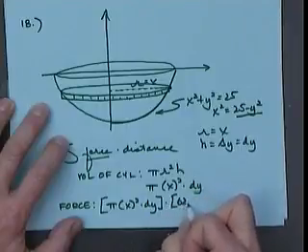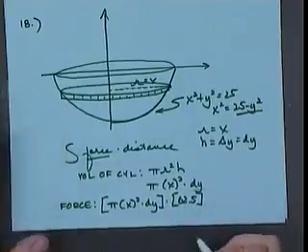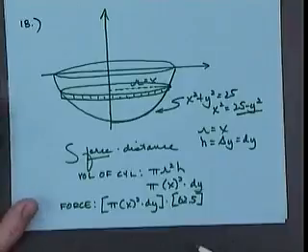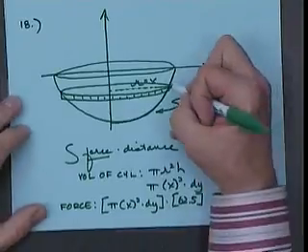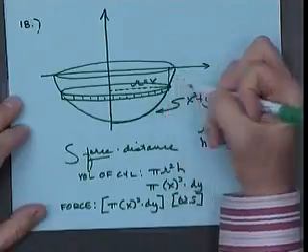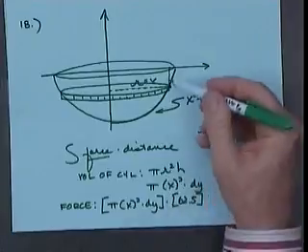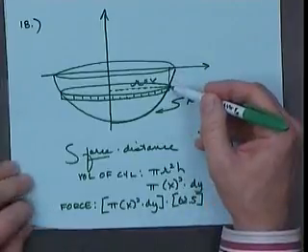times 62.5 pounds per cubic foot. So now we're in pounds, which is what we want because that's the force required to move it. How far does this need to travel to get to the top of the tank? This distance, right? And we already decided in our other problem that that distance is really what?